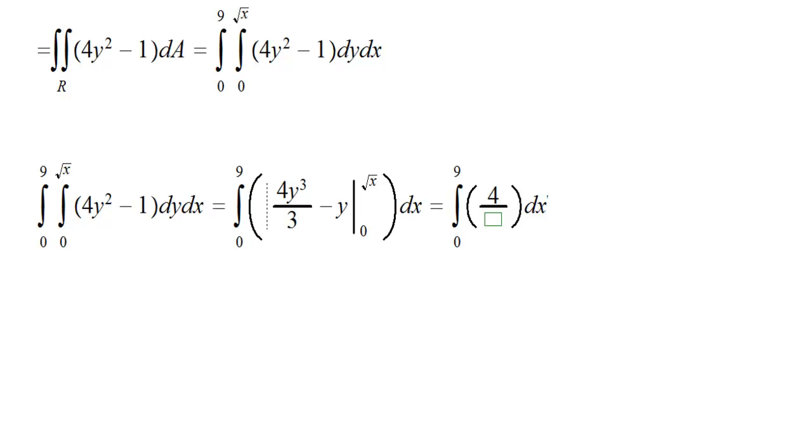When we put in square root of x, that's going to be x to the 3/2 divided by 3, and then minus, of course, x to the 1/2, and the lower limit will be 0, so we don't have to worry about it.